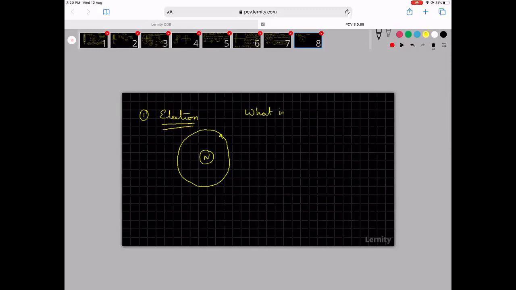What is the magnetic moment associated with an electron in the nth Bohr orbit?